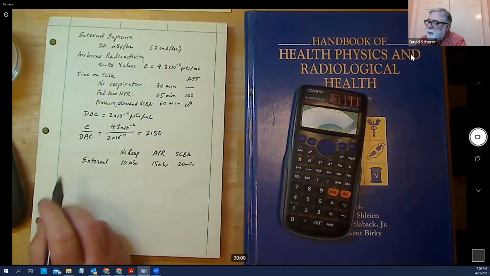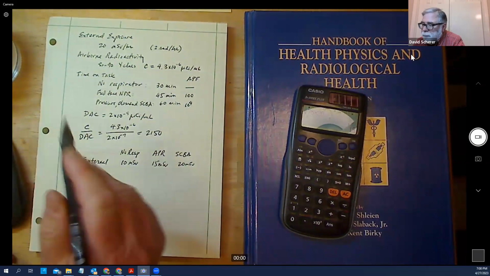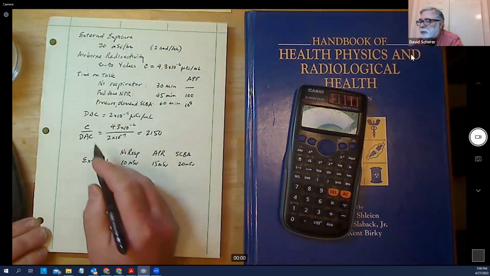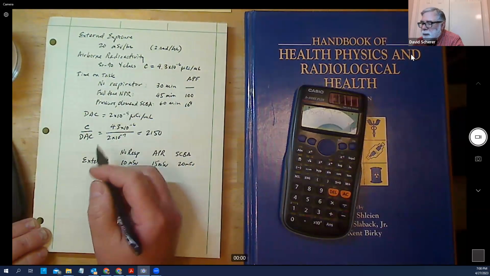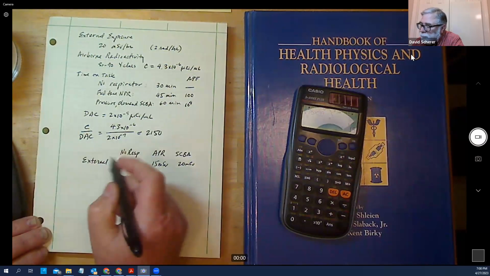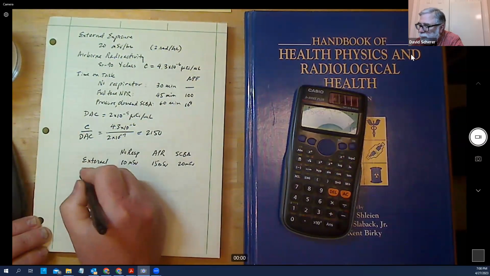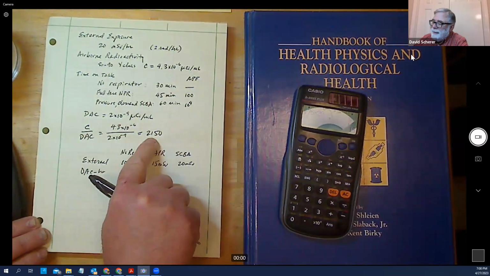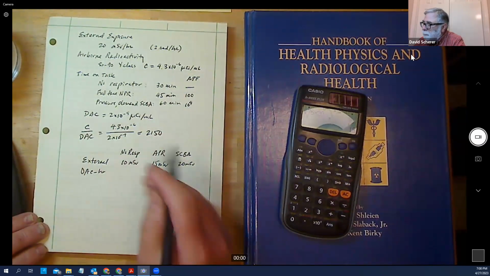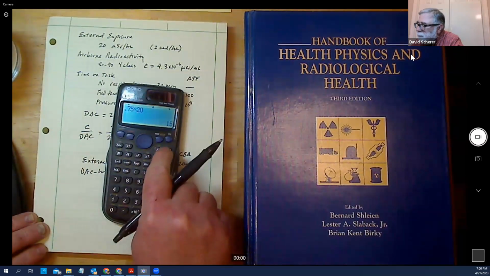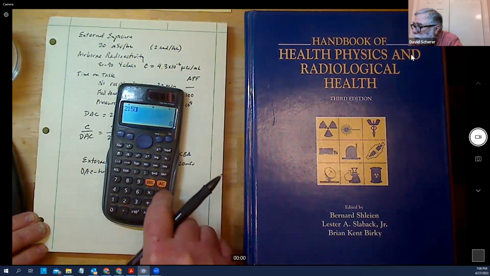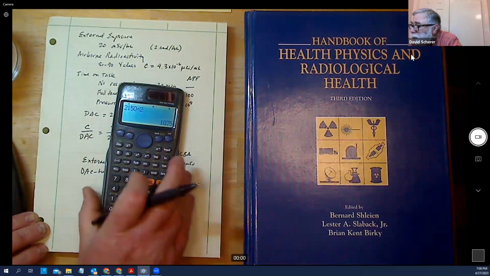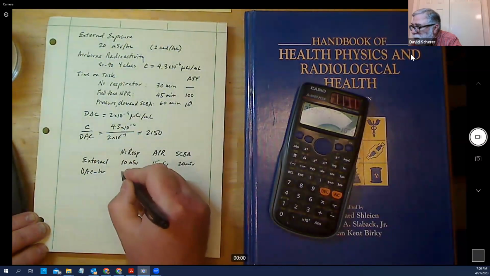Now, the DAC calculations are a little more complicated. We've got the fraction of a DAC, and now we have to calculate the DAC hours. So we have 2150 DACs times a half an hour. So 2150 divided by 2 is 1075 DAC hours.